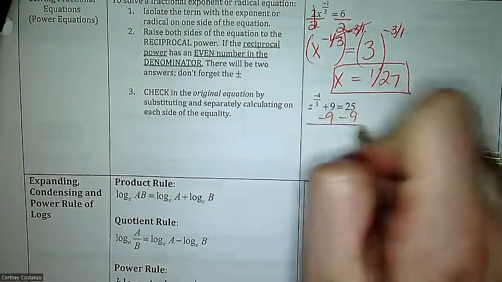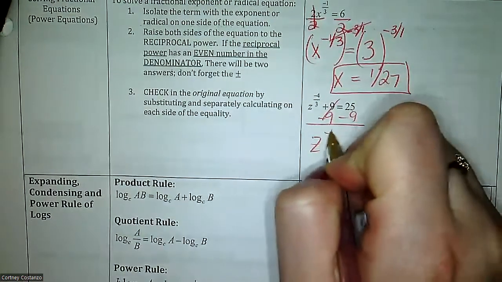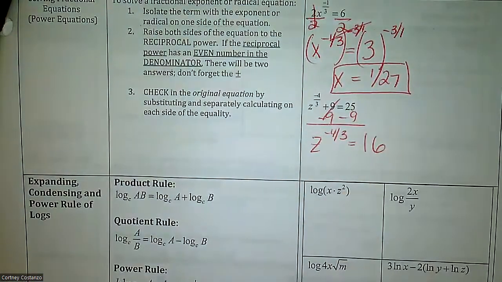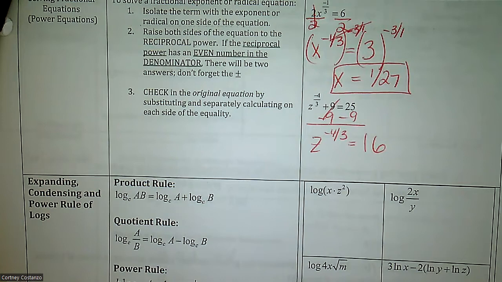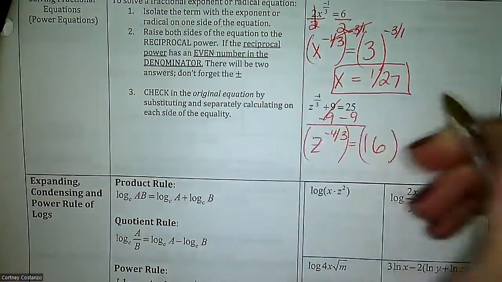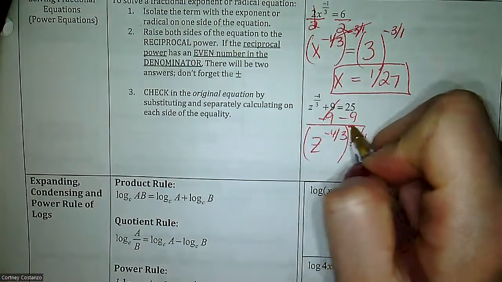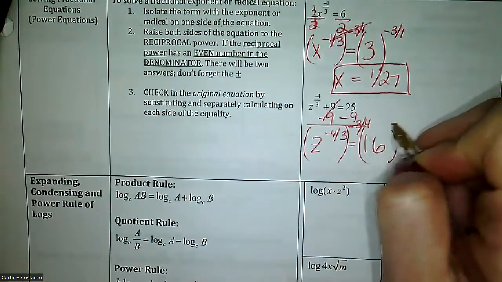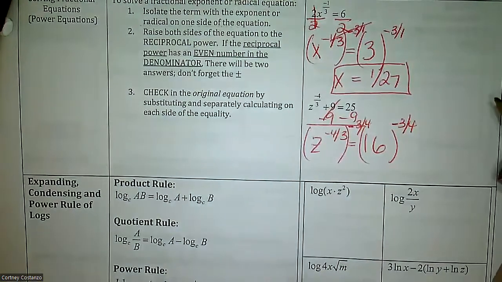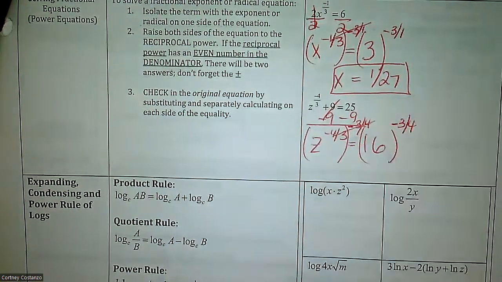All right, let's try another one. Subtract 9, subtract 9. 16. All right. I'm about to raise both sides to the reciprocal power again. However, when I raise both sides to the reciprocal power, so that would be -3/4 and -3/4. Now remember, I'm raising it to the reciprocal power, not multiplying it by.